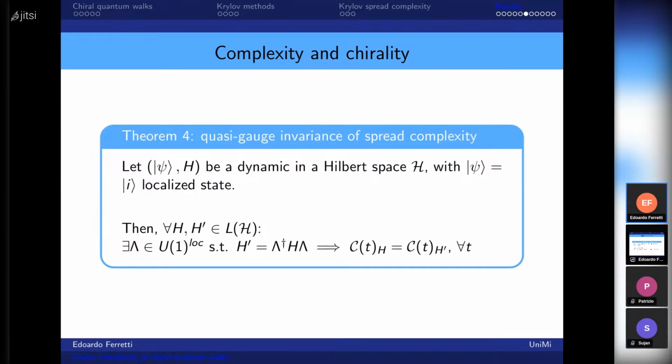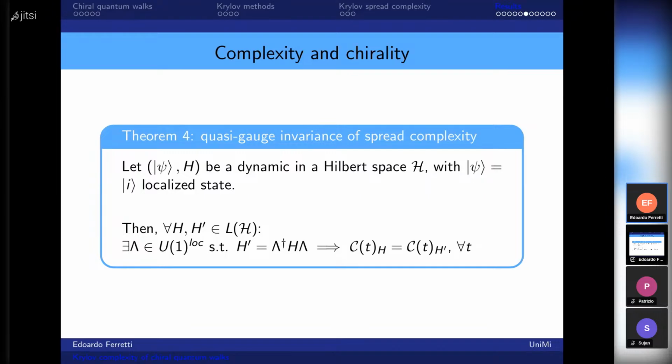So this is more strictly related to quantum walks. Then if the initial state is localized, so it's one of the nodes, then the complexity of two dynamics generated by Hamiltonians which are related by a quasi-gauge transformation are always equal.